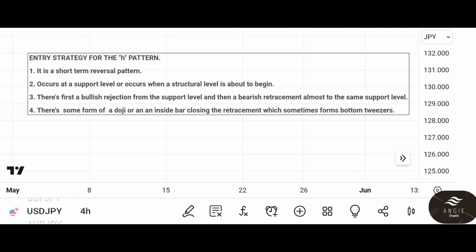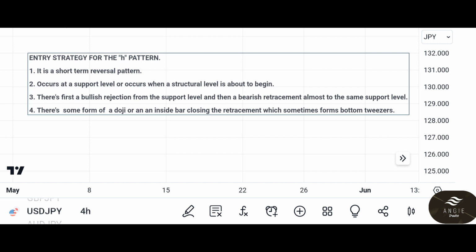So the entry strategy for the quote-unquote H pattern is here. Number one, it is a short-term reversal pattern, in the sense that it can occur in a downtrend where there's a support level. This brings me to point number two. It occurs at a support level, or when a structural level is about to begin.